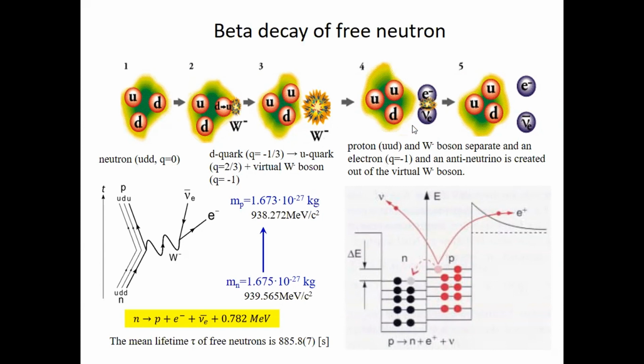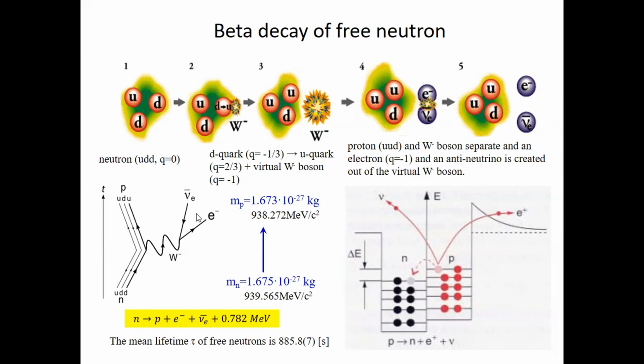So in this behavior, we can see that the neutron, with a down quark going to an up quark and a virtual W boson, becomes a proton, and the W minus boson separates, and an electron and an anti-neutrino are created out of this virtual W minus boson. W minus is not independently staying as such. It gets converted into an electron and the anti-neutrino.